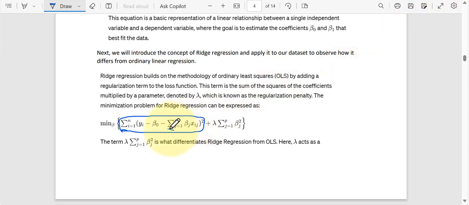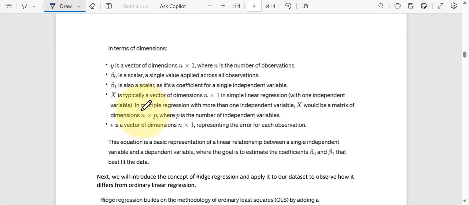If you notice this sigma and this p, that will help us figure out what's going on here. Remember the p: first we said x was just a single column, but we said it could have p columns. That meant we had more than one independent variable. So we might have x1 and also x2 and so on, up to xp independent variables.